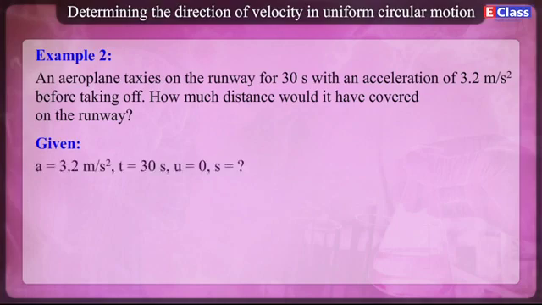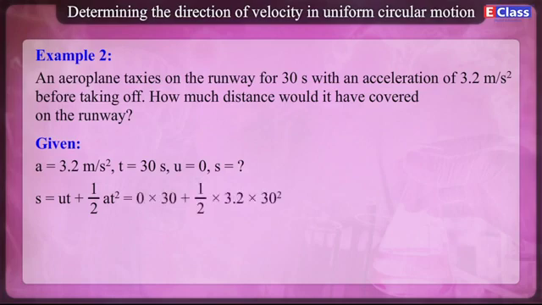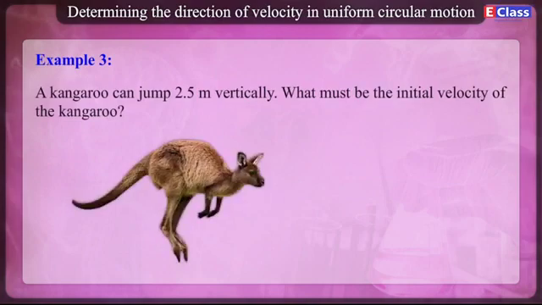Given a is equal to 3.2 m/s², t is equal to 30 seconds, u is equal to 0, s is equal to how much? s is equal to ut plus 1 upon 2 at square, which is equal to 0 multiplied by 30 plus 1 upon 2 multiplied by 3.2 multiplied by 30 square, which is equal to 1440 meters.